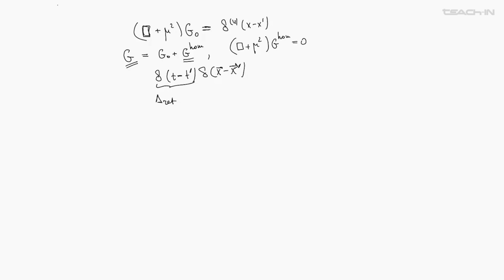On the other hand, before the source switched on, for t less than t prime, this delta retarded is actually equal to 0. Up to the appearance of a source, nothing happened, no propagation of a signal, and that's why this delta retarded is equal to 0. An advanced function has an opposite property.